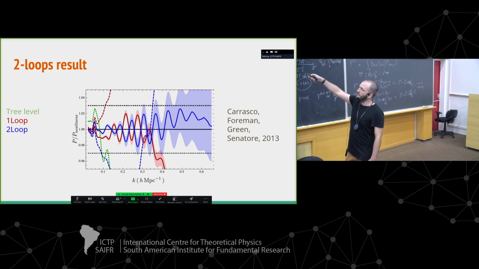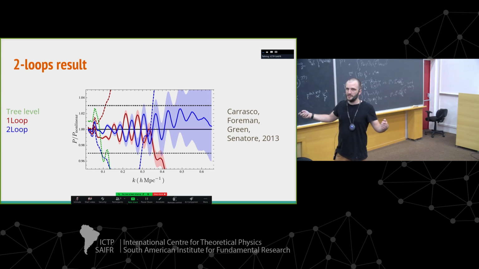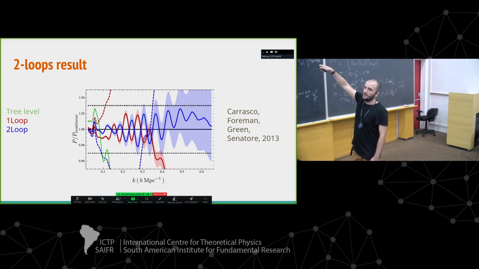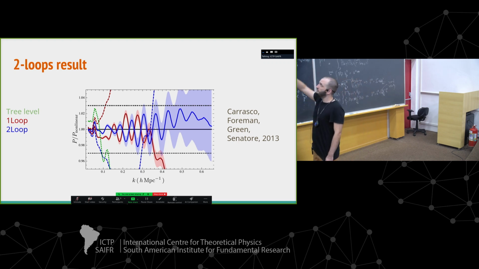When you're in the Eulerian picture, you're not actually taking into account what happens with the large-scale displacements, so that the particles can travel through large scales and move, for instance, the BAO and things like this. So this is an artifact. The wiggles you see are an artifact of the frame you are in. And you can actually resum these components. There's a part of this component you can resum to get rid of those wiggles and have percent precision. If I have time, I'm going to talk about this later today.